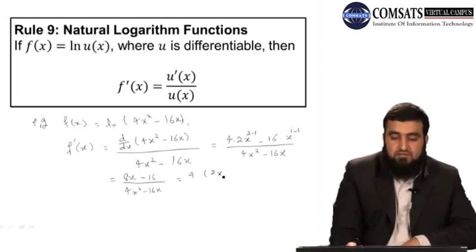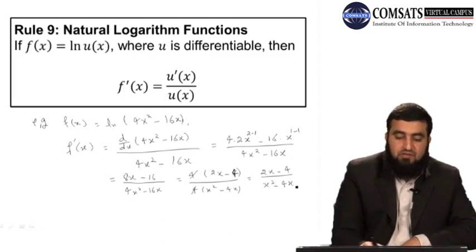This will be 2x minus 4, और यहाँ से भी हम 4 कॉमन ले सकते हैं. If you take 4 common from here, you get x square minus 4x. So we cancel out these two terms and we get 2x minus 4 divided by x square minus 4x.